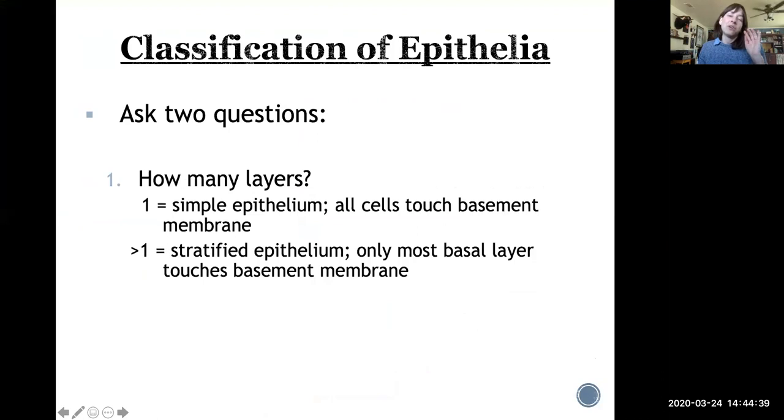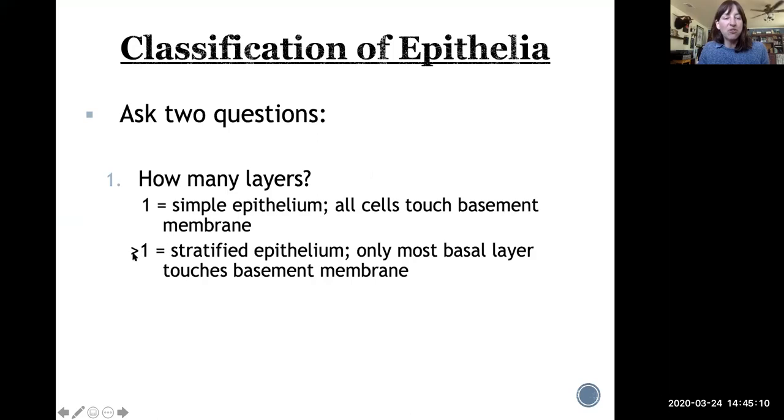If you're going to be identifying an epithelium, you are going to be asking 2 questions. You can characterize them by location and function, but this is how you're going to visually identify the type of epithelial tissue. First, how many layers does it have? If it has one single layer, it is a simple epithelium.